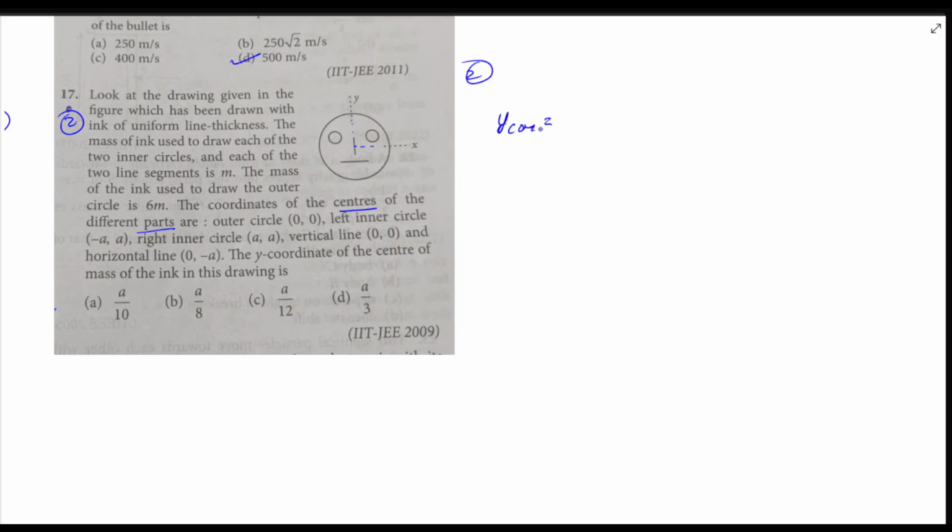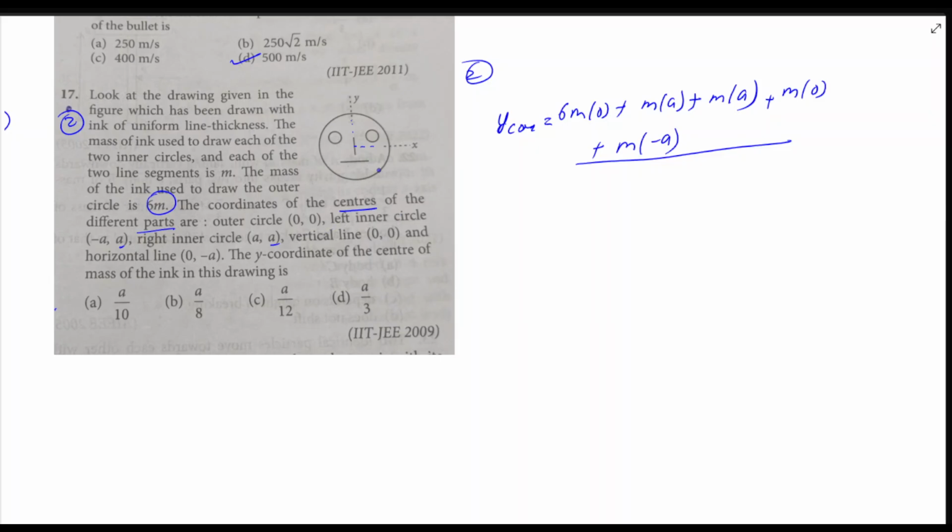The y of the center of mass will be, let's take the y coordinate of each part. The outer circle has y coordinate 0, and its mass is 6m, so 6m into 0. Then the left inner circle, the coordinate y is a, so m into a, plus the right inner circle, the coordinate of y is again a, so m into a, plus the vertical line, it's 0, so m into 0, plus the horizontal line, it is m into minus a, divided by the total mass.